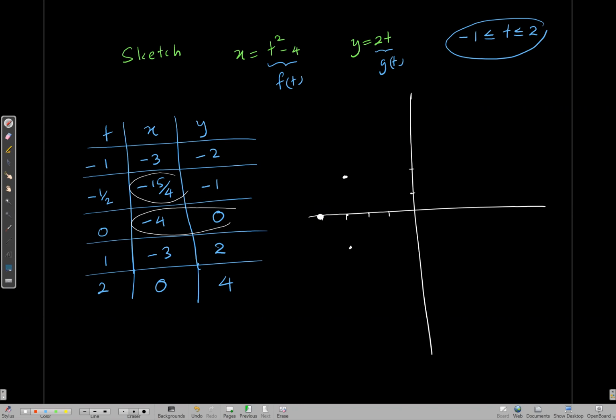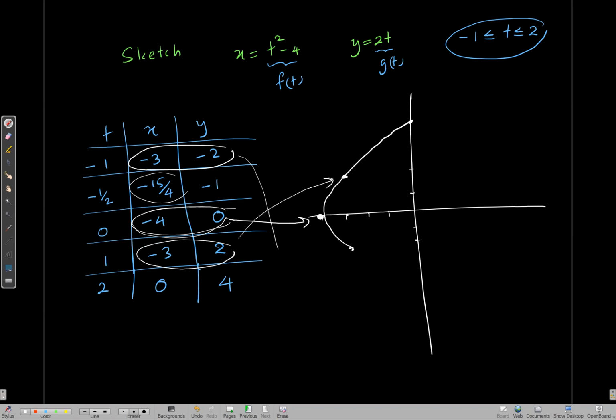So if you draw this, you are going to get 0, 4, a value like this. So this point is this point, and you simply plot the points.